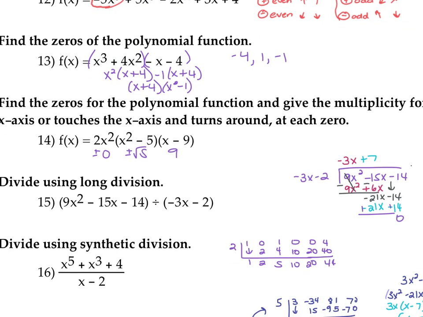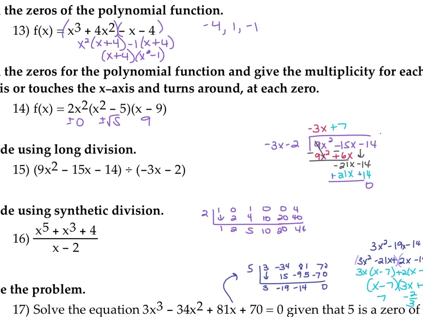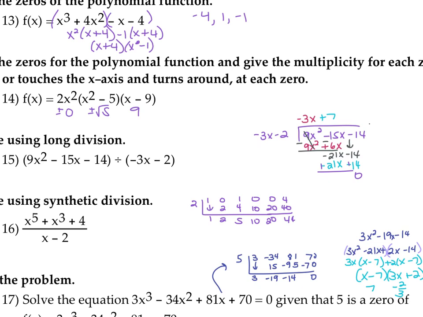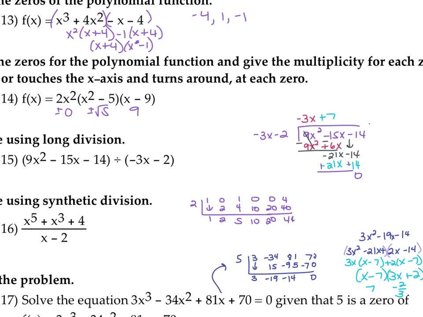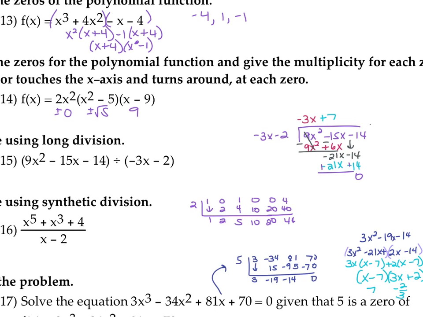13, you're going to be factoring and solving that. 14, you're finding the zeros. So you're factoring, if it's not already factored, and solving it. And remember your multiplicity. How do you find multiplicity? Factor it. And then what makes it a multiplicity of 2? The powers.